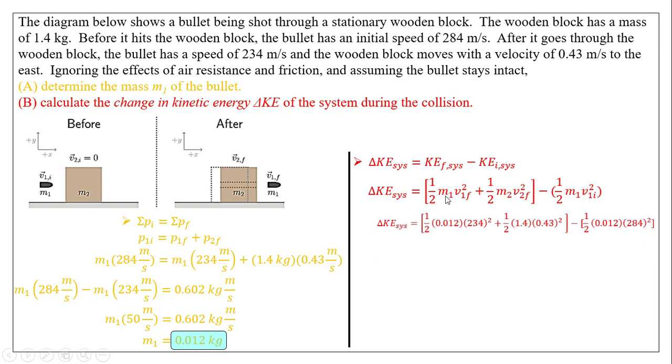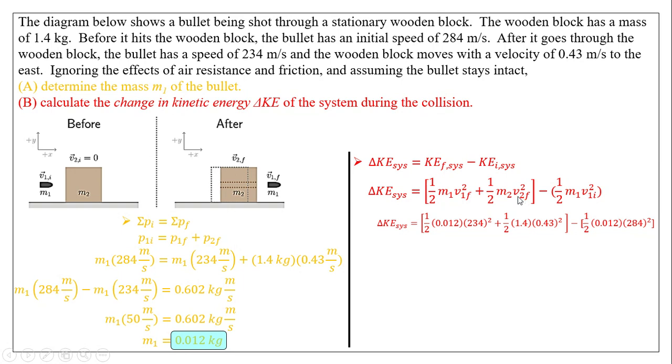Here's the 1/2, M1 being the mass of the bullet, which I calculated previously in part A, about 0.012. And then the final speed of the bullet is given as 234. The second term is 1/2 M2 V2F squared, M2 being the mass of the block, which is 1.4 kilograms, given.